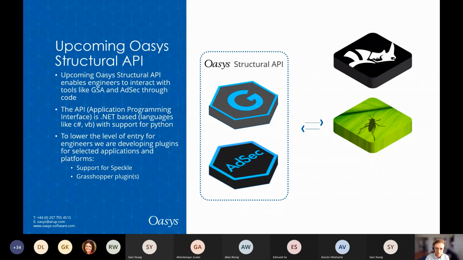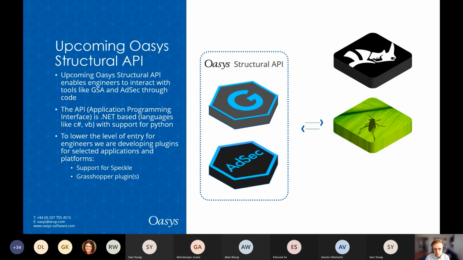The API is based on .NET, and it means that you can write code with C# and VB.NET, and it also comes with Python support. And really, this is allowing more engineers to get started with scripting and automating their workflows using these new APIs.